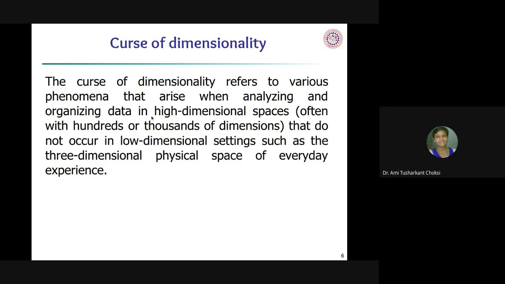So what we mean to say is, the curse of dimensionality refers to various phenomena that arise when analyzing and organizing data in high dimensional spaces. We are not considering only 2D or 3D. We must have high dimensional spaces, right?